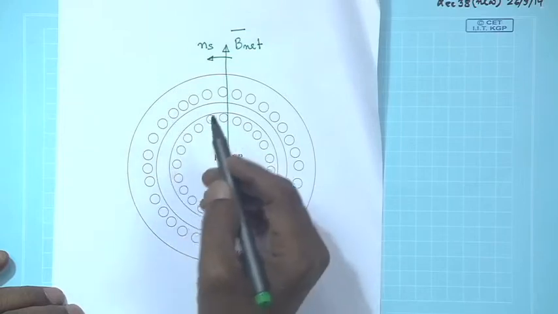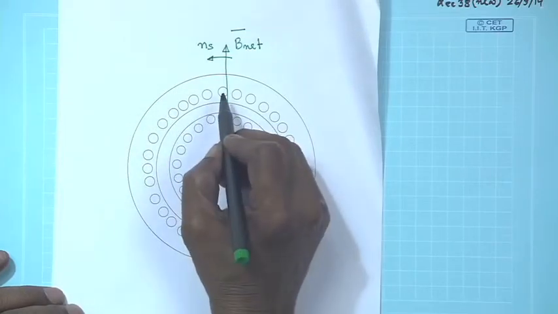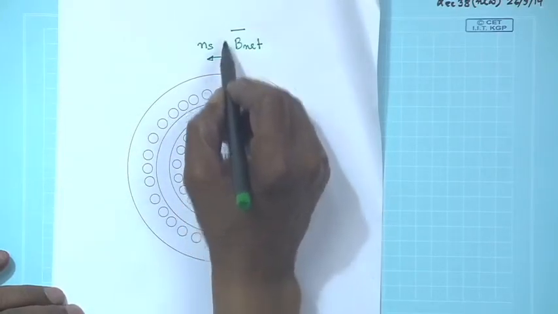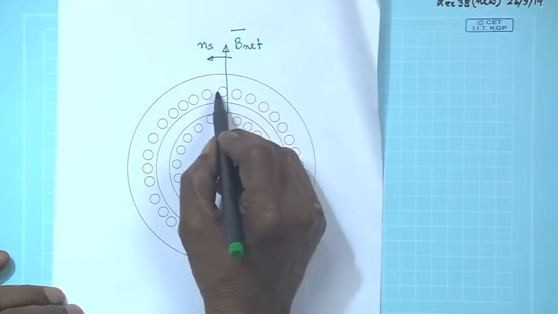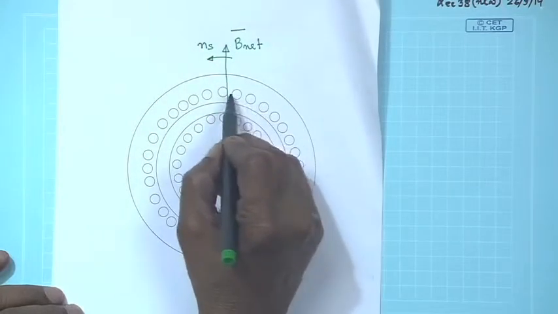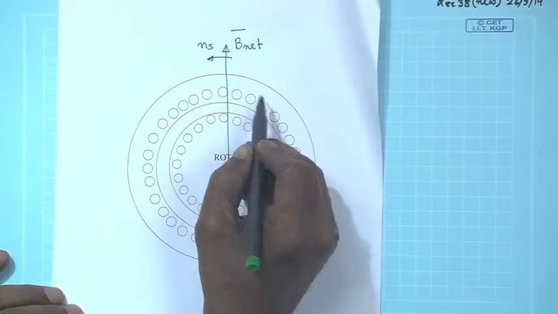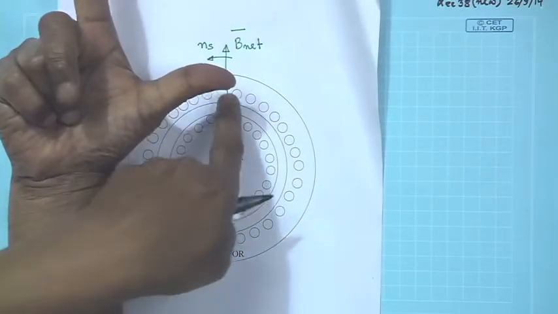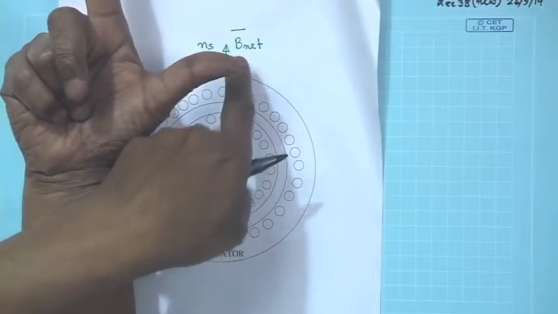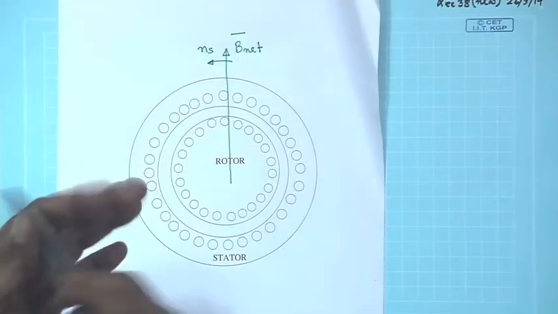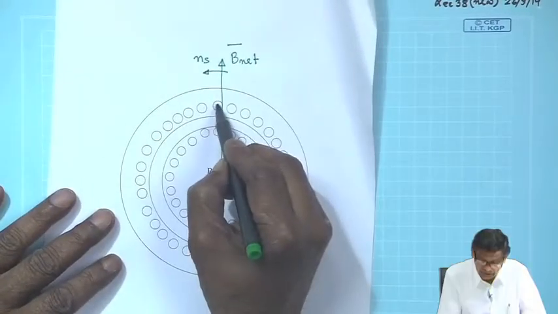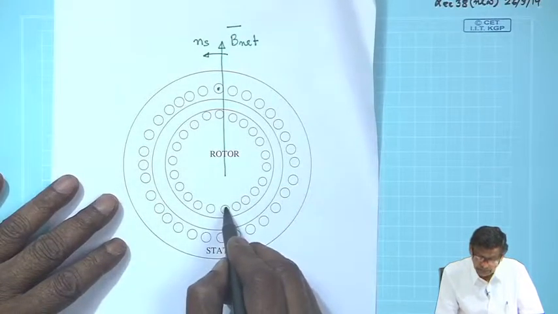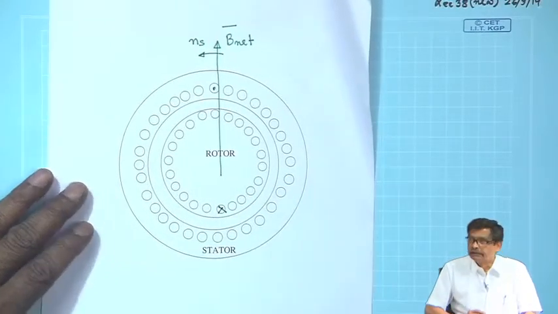So I can assume this conductor is moving in the opposite direction. This is V of the conductor with respect to B net, and it will become dot and it will become cross.